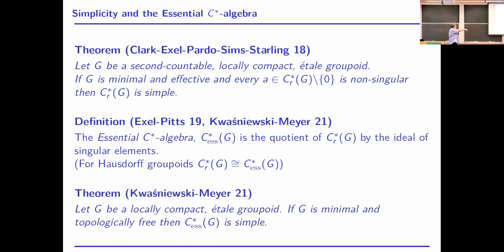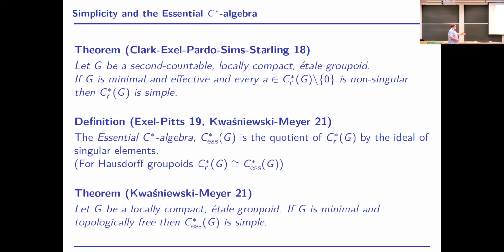But the power of this construction is it lets us state a much cleaner result. If you have a locally compact étale groupoid, if G is minimal and topologically free, so here we've gone to topologically free and we've lost the second countable condition, then the essential C-star algebra is in fact simple.